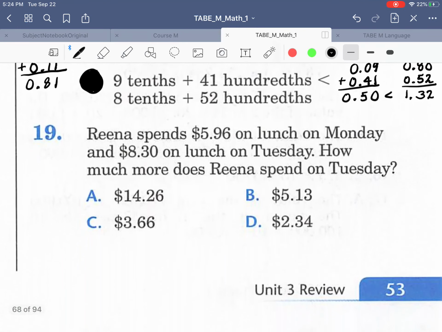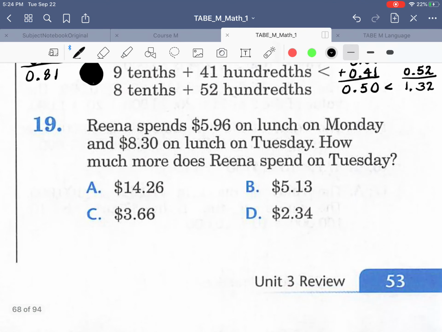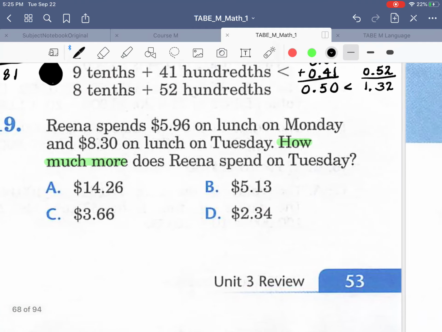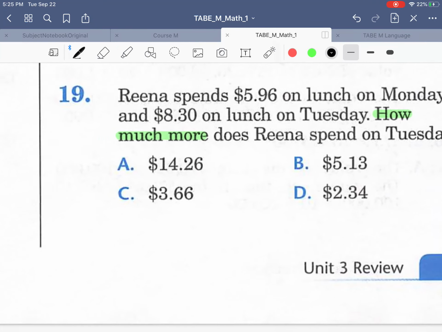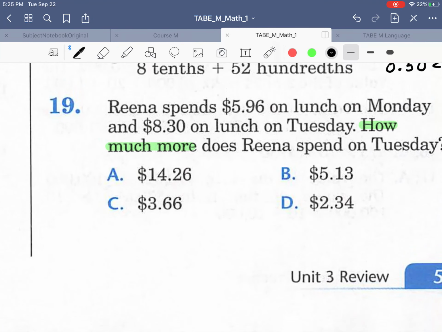And finally, number 19. Rena spends $5.96 on lunch on Monday and $8.30 on lunch on Tuesday. How much more does Rena spend on Tuesday? How much more is a subtraction clue.